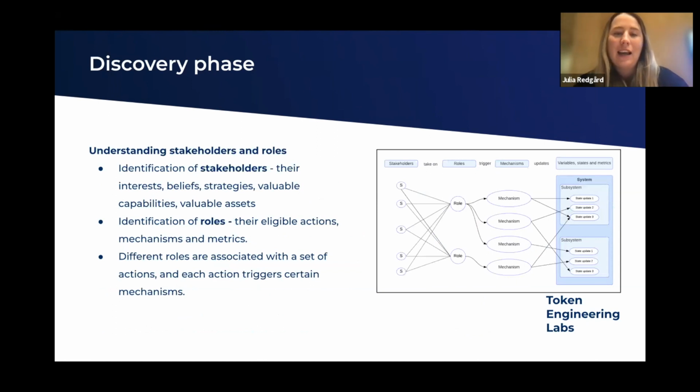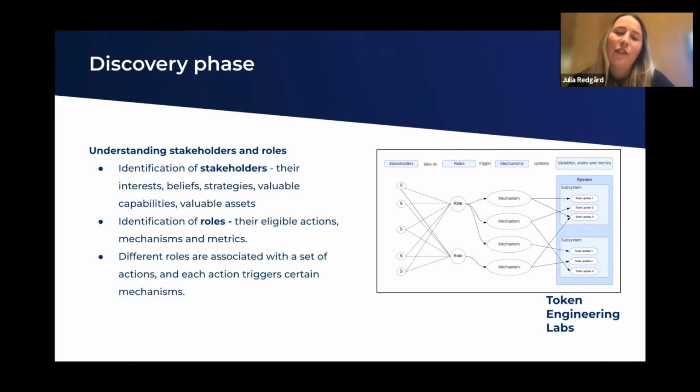And then I would like to once again go a little bit deeper. Because we do not have all the time in the world, I chose a few parts of the discovery phase that we can talk more about. So one of the key parts is understanding the stakeholders and roles.